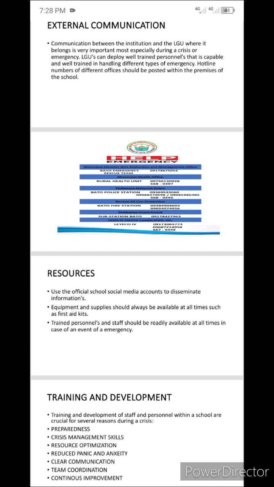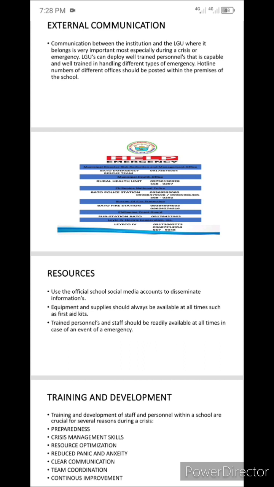So if you are an institution trying to disseminate updates, you should always use the official social media accounts of your institution, so that those people receiving the updates would know that it is legit and not tampered with.